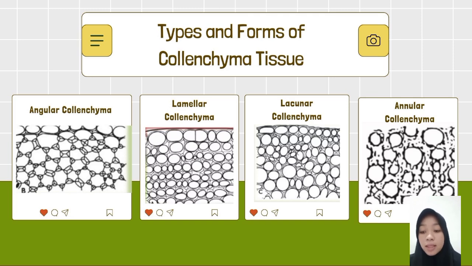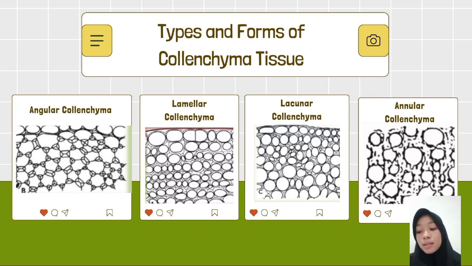Example: found in celery petioles. Second, lamellar collenchyma: thickening occurs on the tangential walls parallel to the surface, forming layers, providing support and flexibility to growing organs. Example: found in sunflower stem.